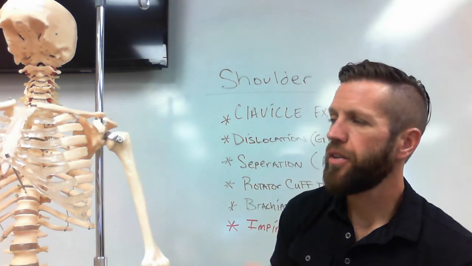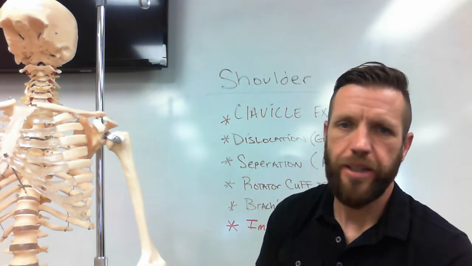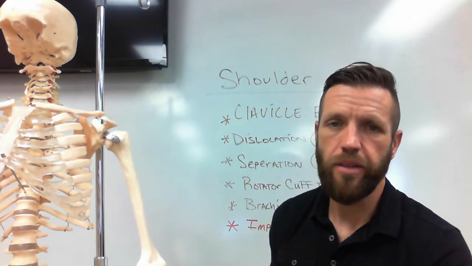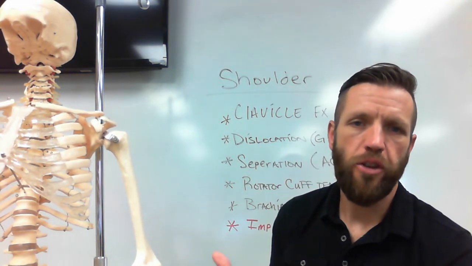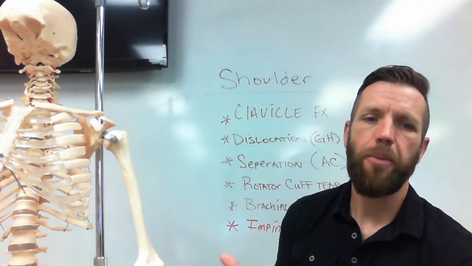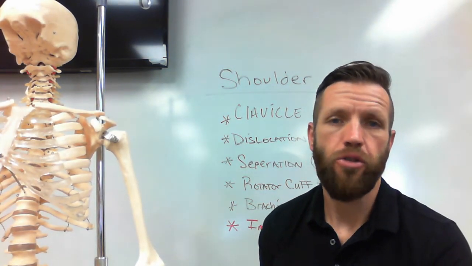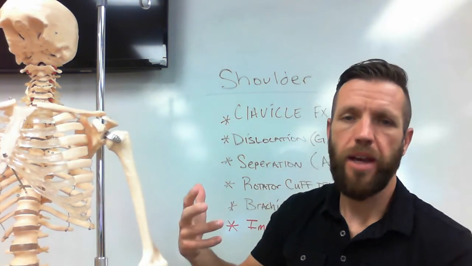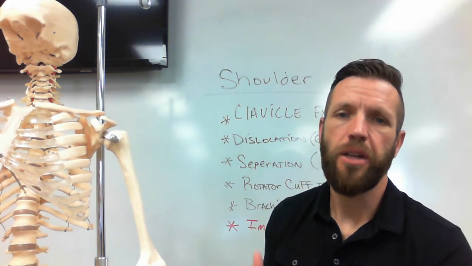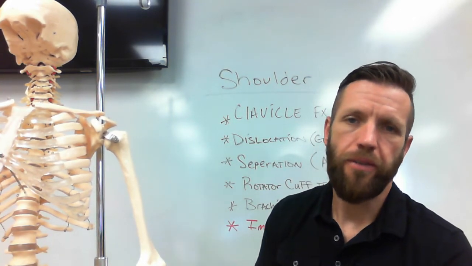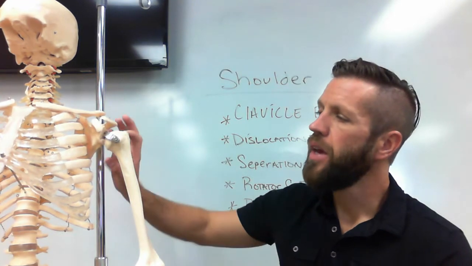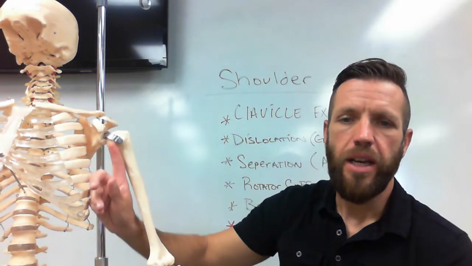I've seen dislocations happen from a lot of different reasons, so don't be surprised when you see a shoulder dislocation. And typically when they happen, it's because a person has a laxity or an instability in their shoulder anyways. First-time dislocators, that's a little different story, but a lot of times you'll run into people who have chronic dislocations in the shoulder. And a shoulder can dislocate in three directions.